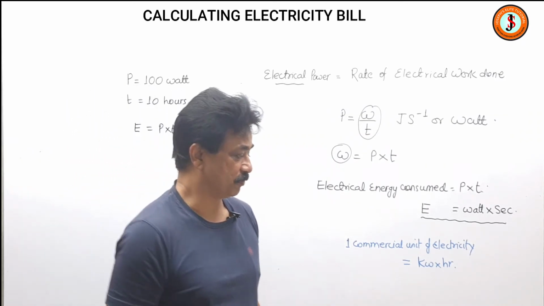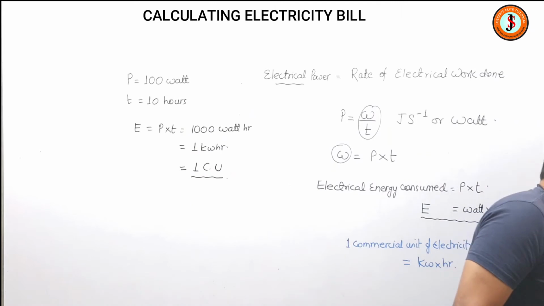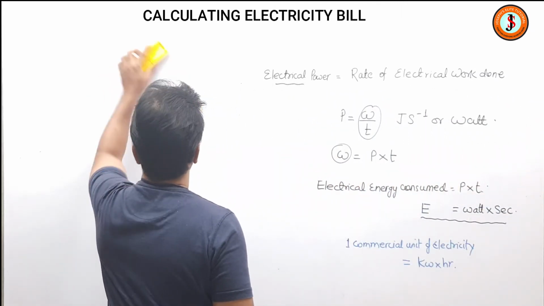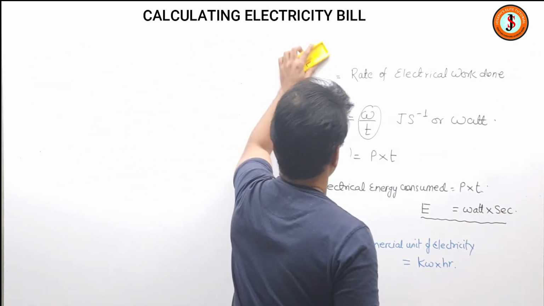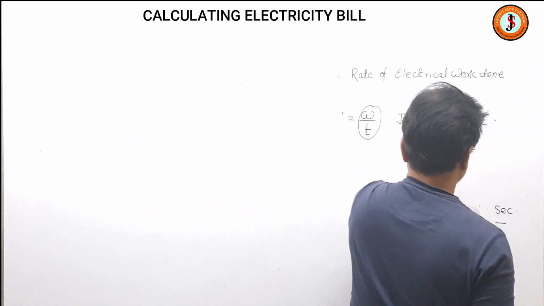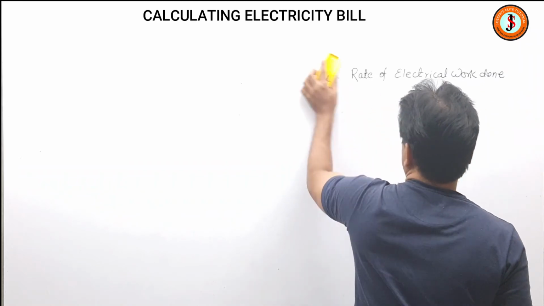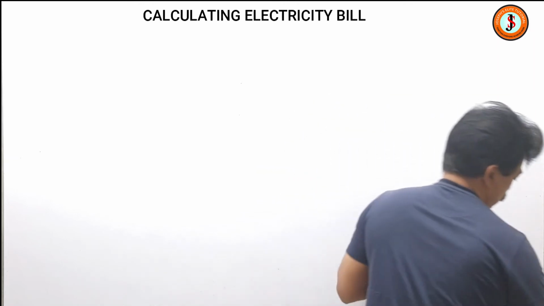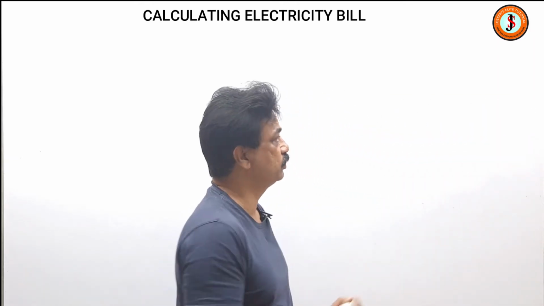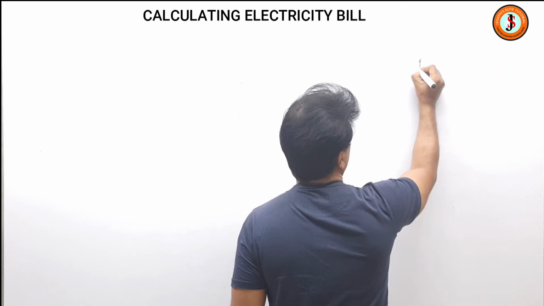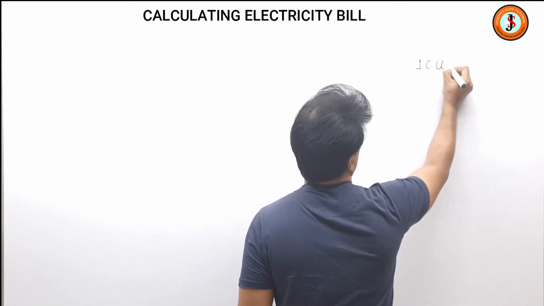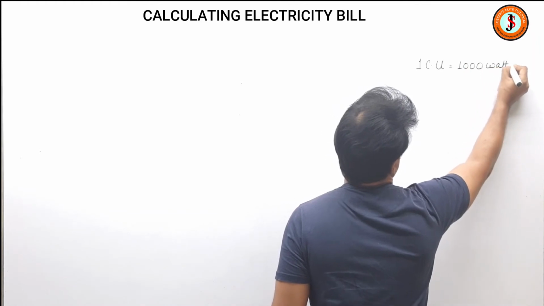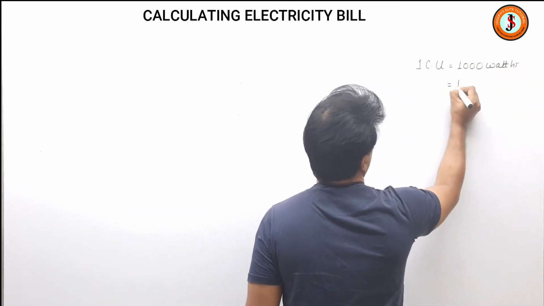Let us do one sum. But before the sum, you should know this: 1 commercial unit of energy is 1000 watt hour or 1 kilowatt hour.